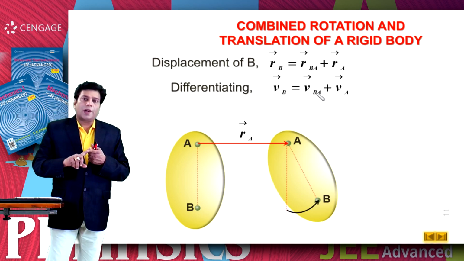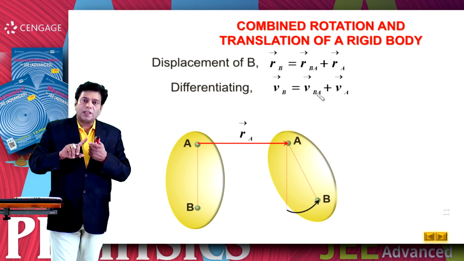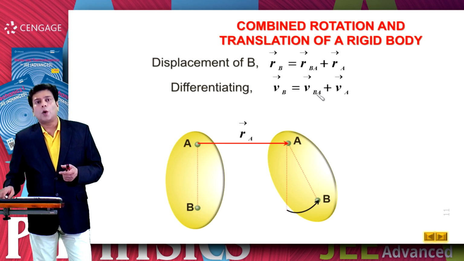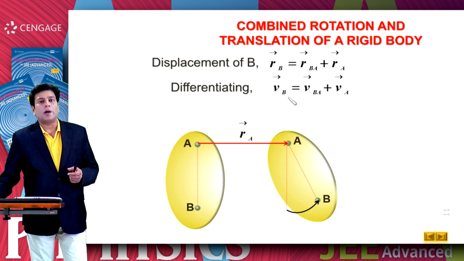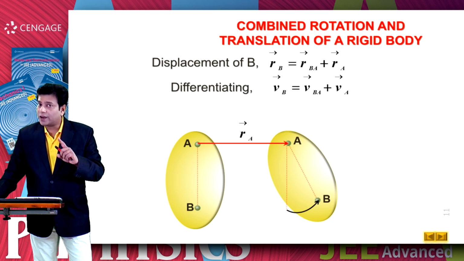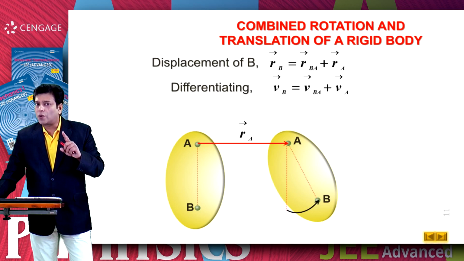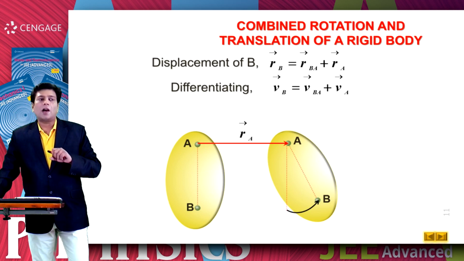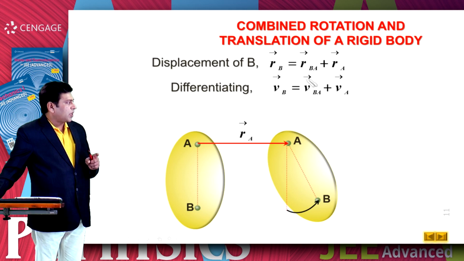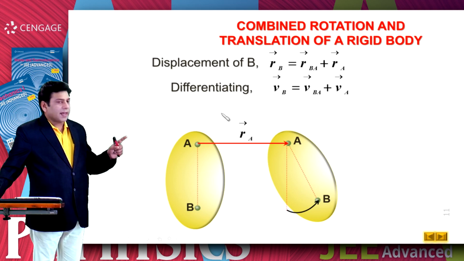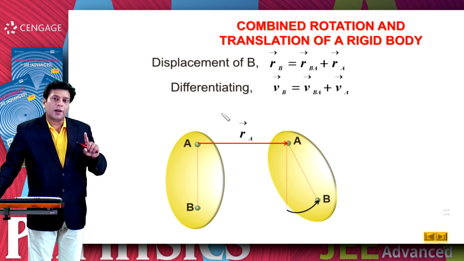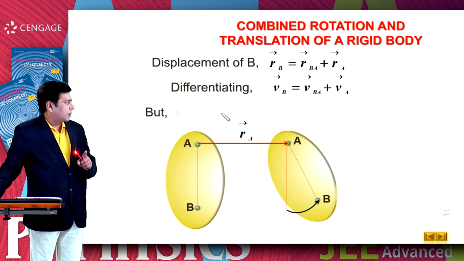And you know the relationship between linear velocity and angular velocity. You can write V equal to omega multiplied by R. In vector form, we can write V equal to omega cross product R. So this term VBA can be written as VBA equal to omega BA cross product RBA.